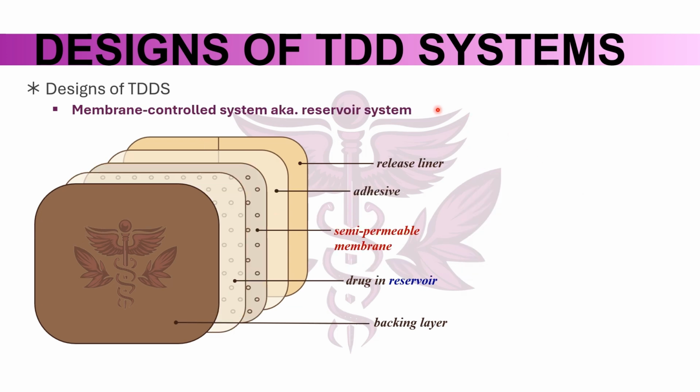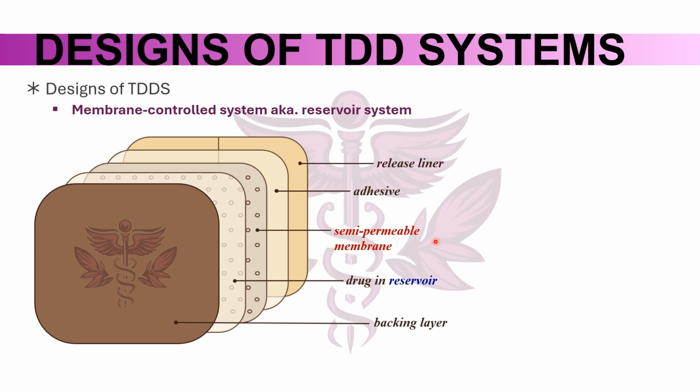The last type of system that we're going to cover is the reservoir system, also known as the membrane-controlled system. It consists of all the components we talked about initially, and what differentiates this type of patch from the other patches is 2 things. First, it contains a semi-permeable membrane, which plays the role of ensuring controlled release of the drug from the patch to the skin over an extended period of time.